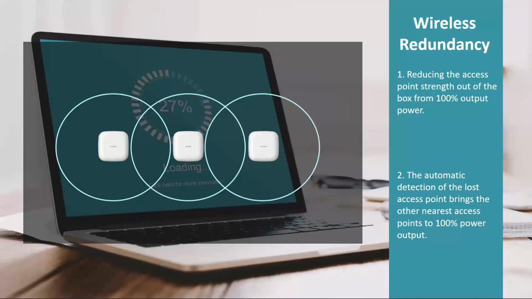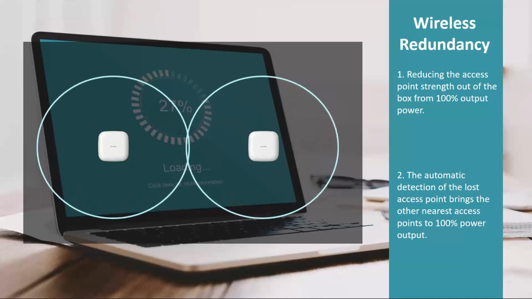What it does mean is, yes, it might be a few additional access points than you used to. So, for example, if you think you can get away with 3 access points for a whole floor, maybe you'll be looking at a 4th, maybe even a 5th access point in addition to that. But what that means is if that middle one fails, let's have a look at what happens.